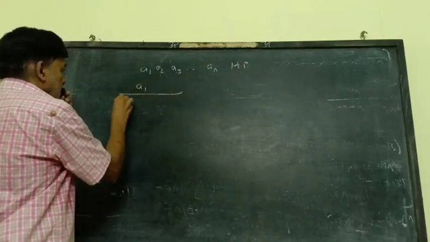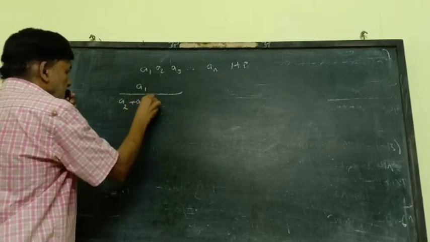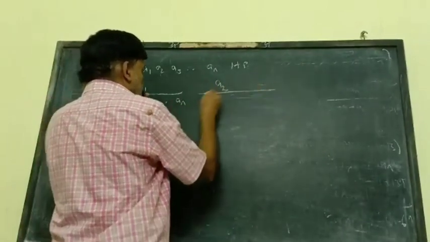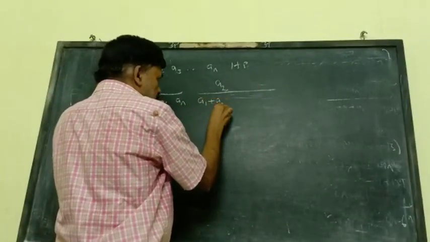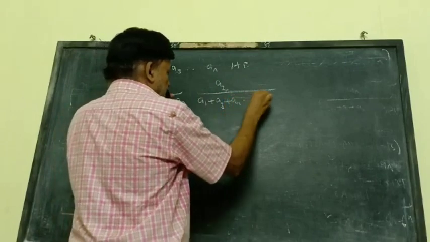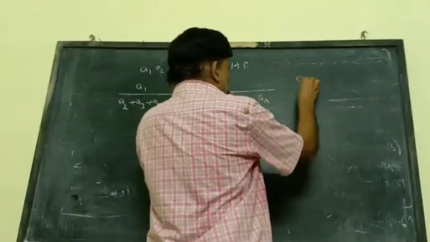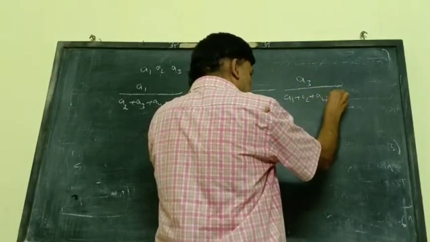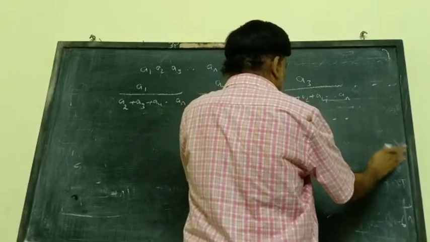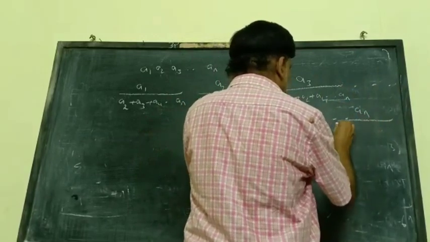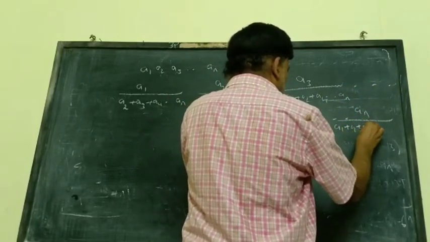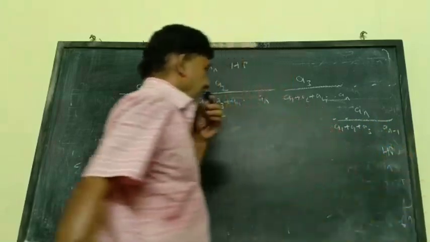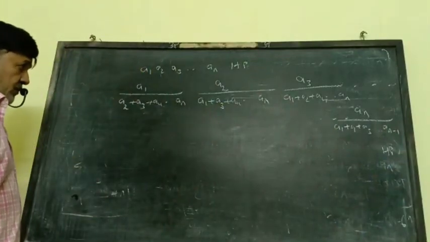A1 by A2 plus A3 plus A4 up to An, A2 by A1 plus A3 plus A4 up to An, A3 by A1 plus A2 plus A4 up to An, etc., An by A1 plus A2 plus A3 up to An minus 1 are also in HP. This is what you have to show.